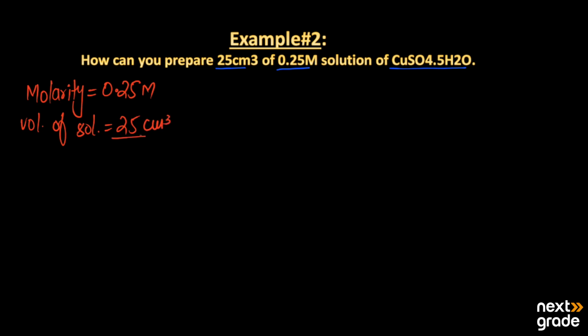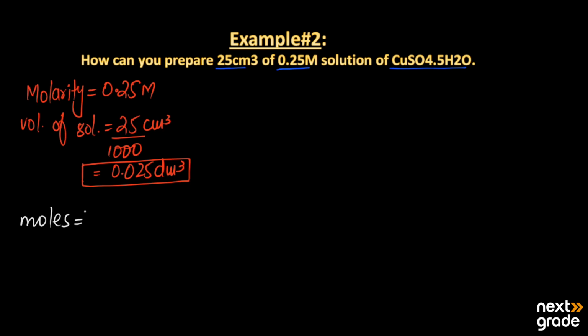Here we will convert it into dm³ by dividing by 1000, so we have 0.025 dm³. Okay, so we will find first the moles.